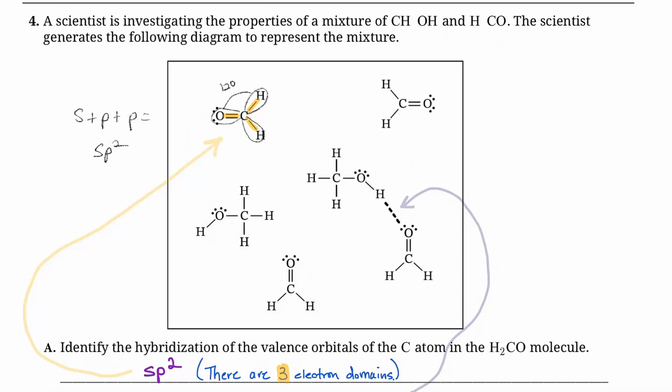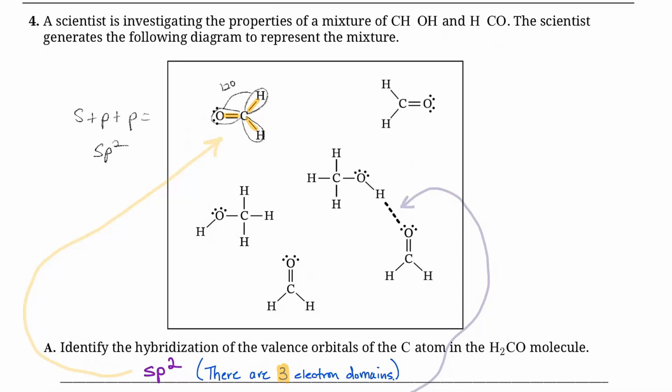They weren't asking for the shape, but you notice 3 orbitals, so S and 2 P's, sp2, each one is an sp2 orbital. You don't need to say that there are 3 electron domains, I'm just kind of teaching that through. All right, so in any case, it's sp2.